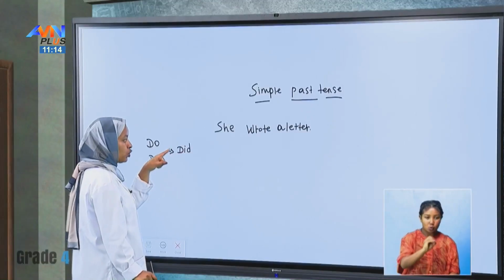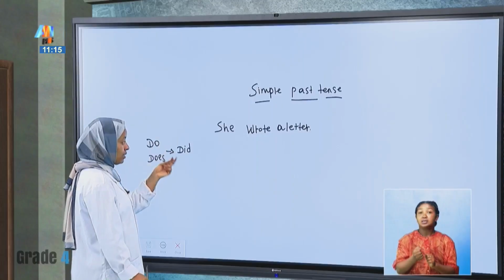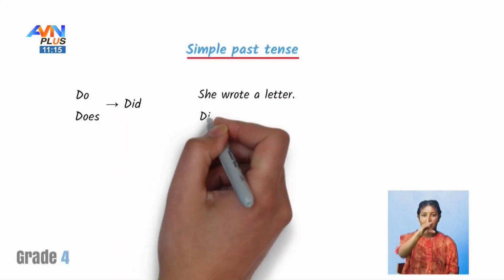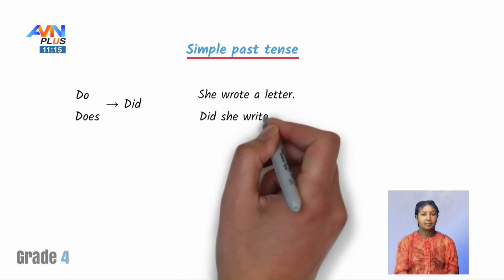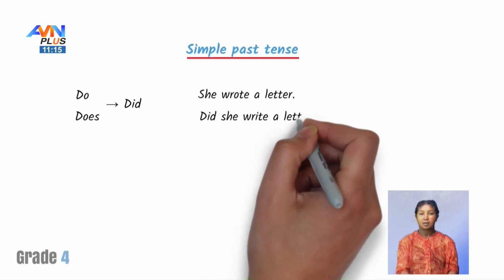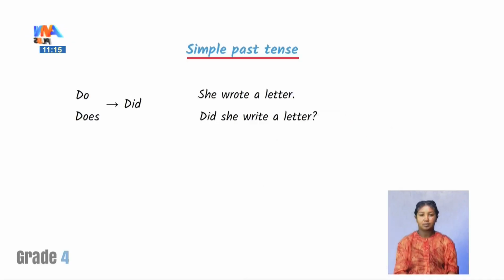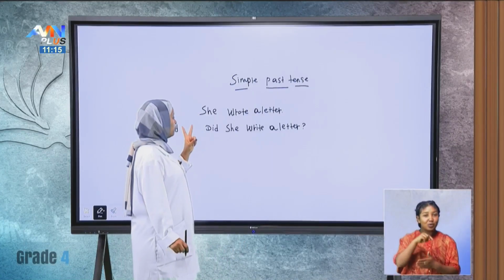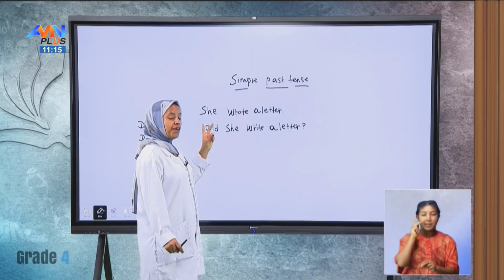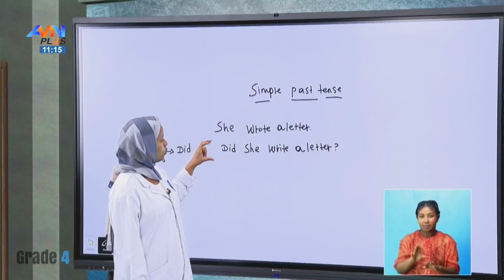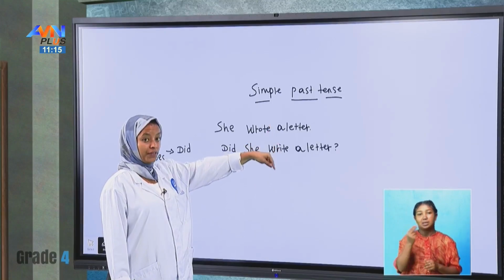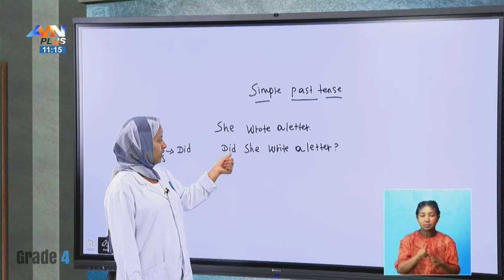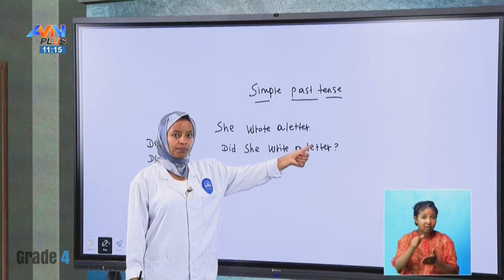So when we come to a question, we can use this did. So, did she write a letter? Question mark. We can't use two past verbs in one sentence. If we are using did here, we can't use another past verb, or V2. So, did she write a letter?